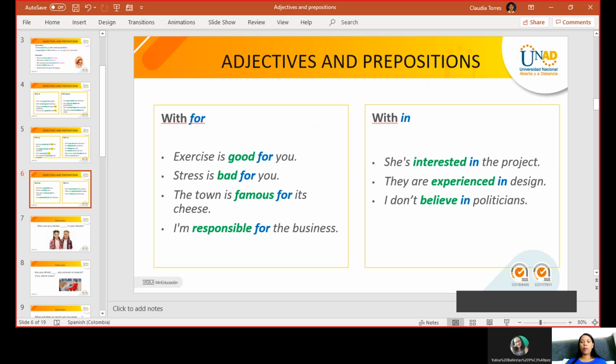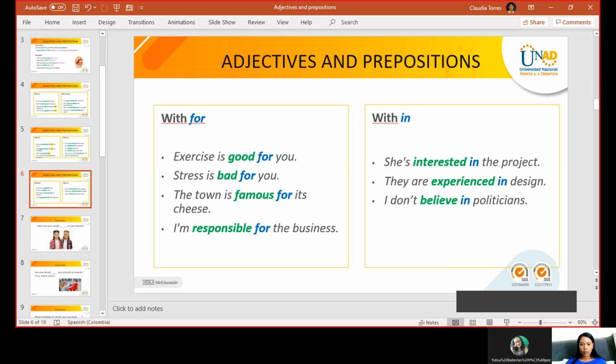Or for example, I'm experienced in working with kids. Because I have that experience with kids before, so I'm experienced in working with kids or in teaching children. Things like that.